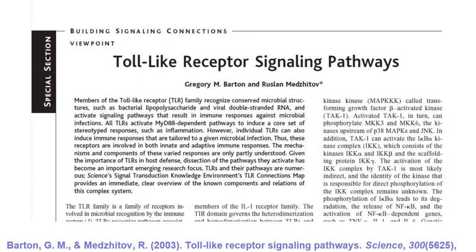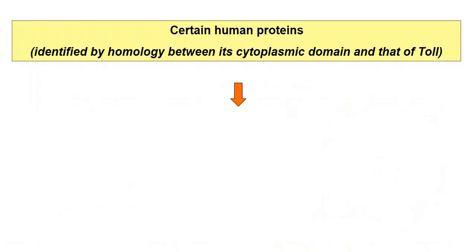So, Toll-like receptor signaling pathways. What this group, that is Medzhitov and Charles Janeway, observed: there were certain human proteins that were identified by homology in their cytosolic domain and that of Toll.